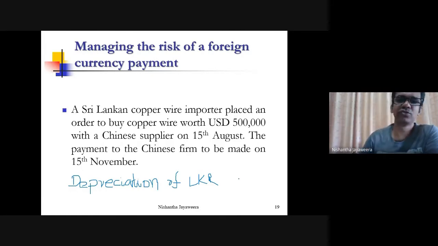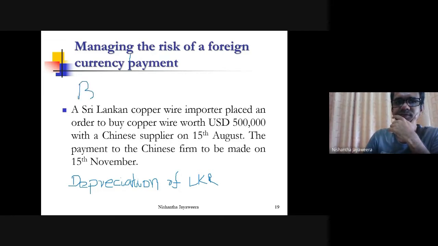Now, what do you want to do? Buy. The requirement is to buy USD. The risk is depreciation of currency.